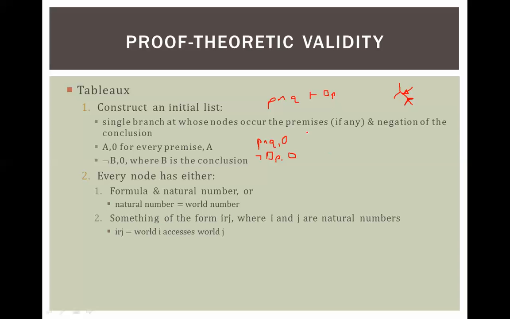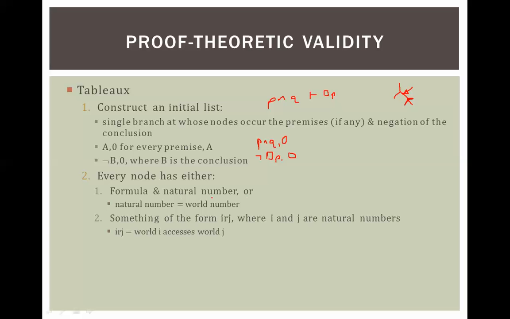Now, these are all just, remember, proof theoretic validity. You're just throwing down a bunch of rules and you're not making any reference to what the stuff means until the very end. But intuitively, the way this was set up is that you have your premises and your conclusions, and the zeros mean world 0, and at every node you're going to have a formula which has to do something with these formulas up here.